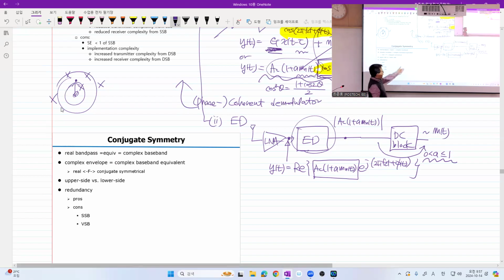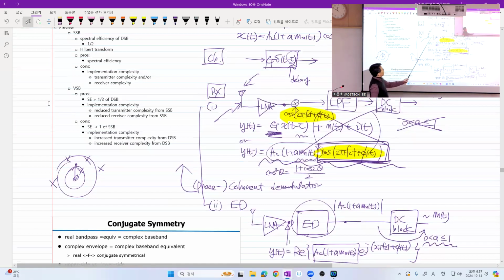For example, ask ChatGPT, giving this y of t, hey, what is the envelope of this signal? And what is the complex envelope of the signal? ChatGPT may give you a wrong answer, okay? The state-of-the-art LLM may still give you a wrong answer, but in the 1930s, people already devised an analog circuit that does envelope detection.